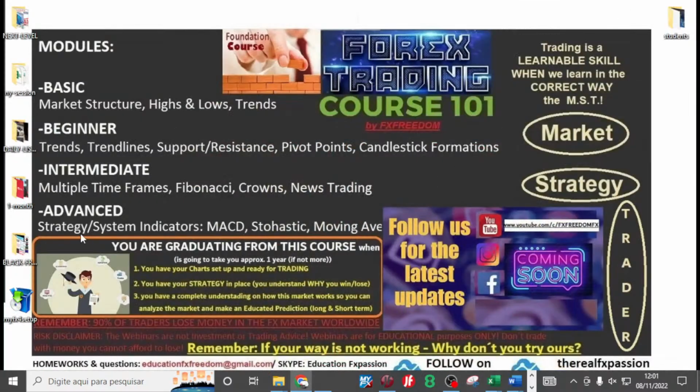And never forget, you are going to graduate from this course when, number 1, you have your chart set up and ready for trading. Number 2, you have your strategy in place. You understand why you win, why you lose. And no, you don't need to make consistent money. I mean, nothing wrong, but it's not a must.